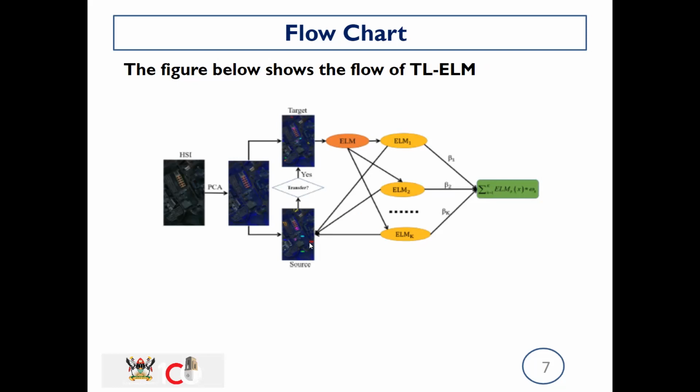If that data is the same as our true label, we add that data to the target domain. So the outputs of this ELM are used to train other weak ELMs. Using the same process, we use the output from this ELM to train other weak classifiers.